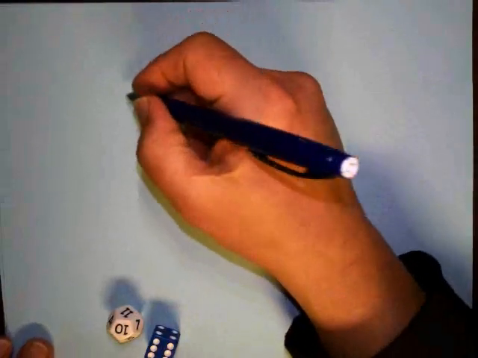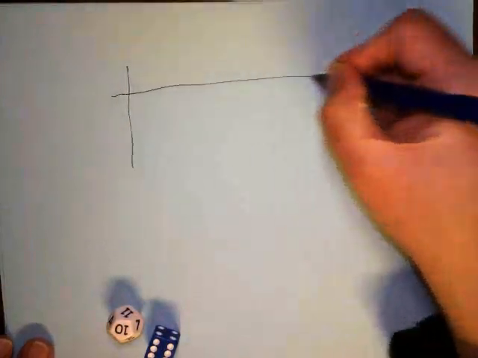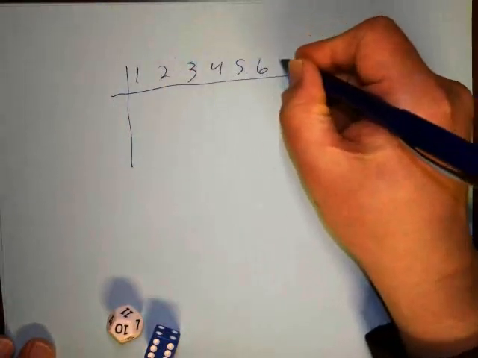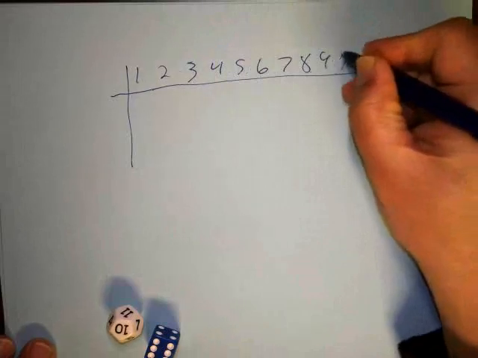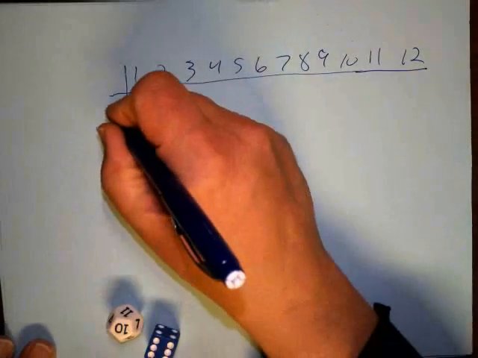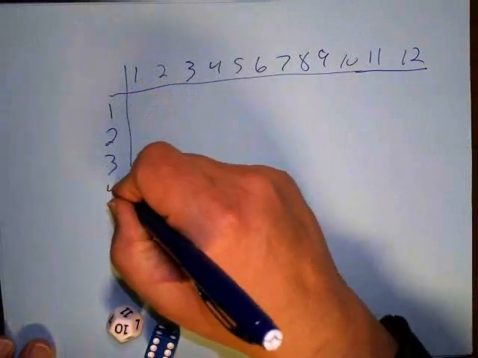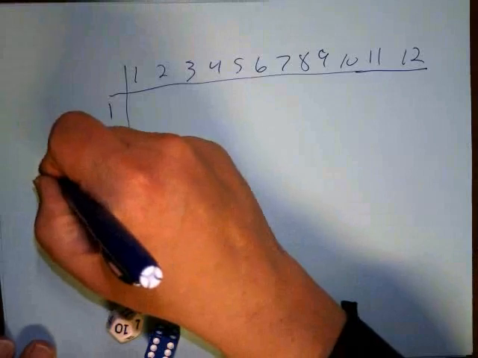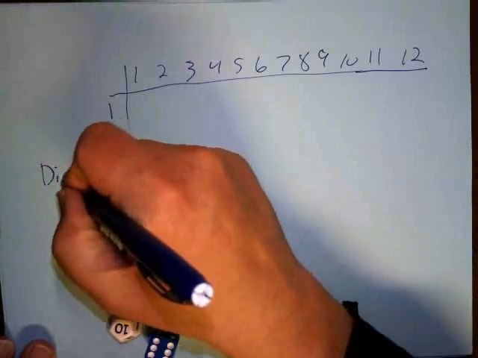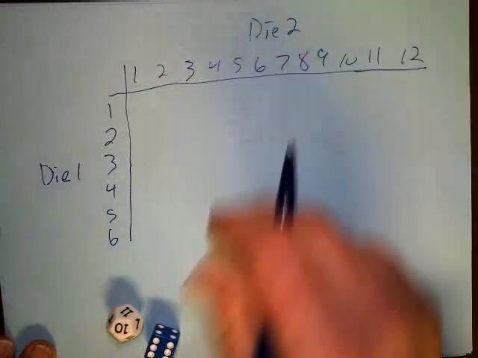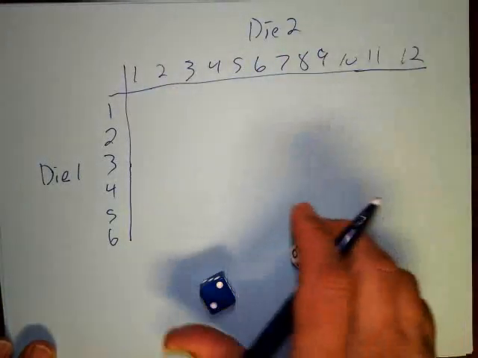And so the way that you would do this is you'd have the numbers 1 through 12 up here, and then the numbers 1 to 6 down here. And this would be, let's say, die 1, which is a 6-sided dice. We'll say this is die 2, which is the 12-sided dice, right?